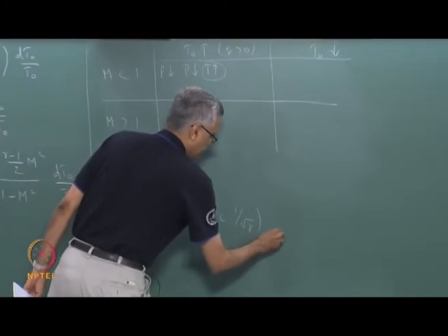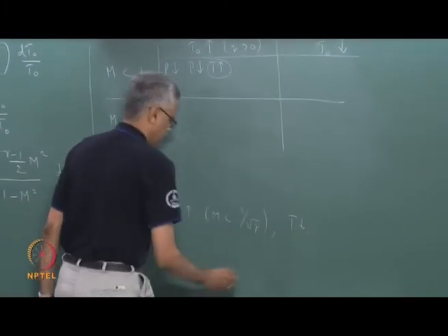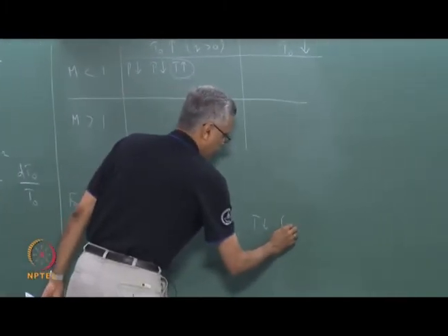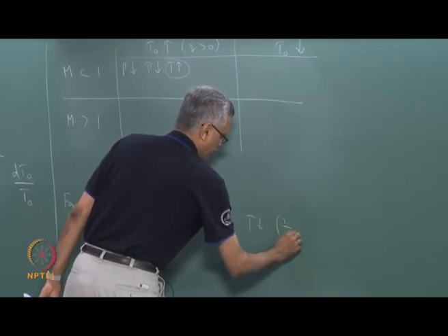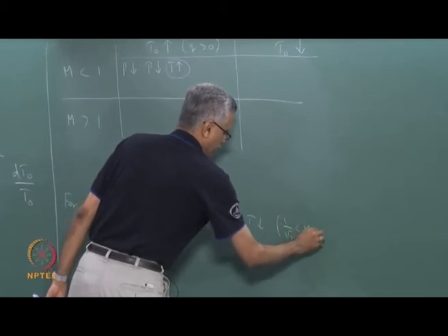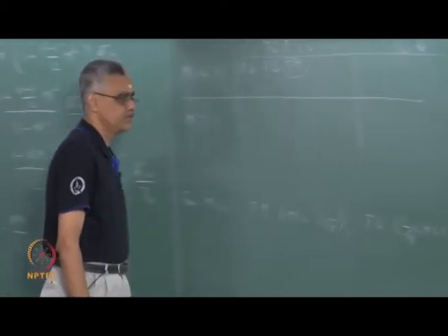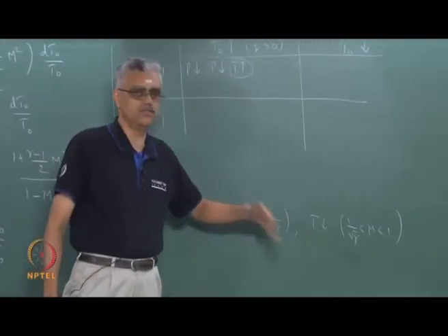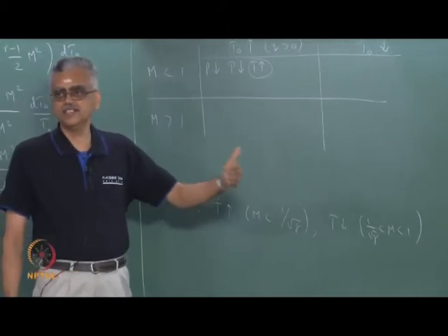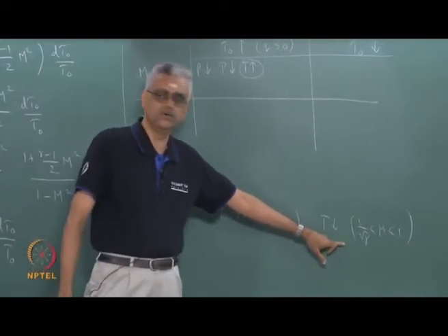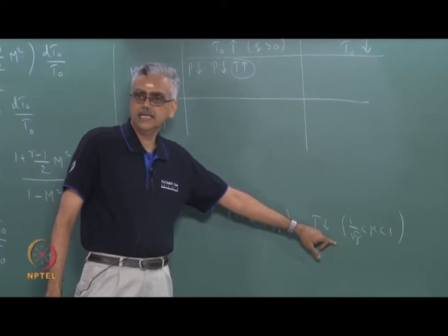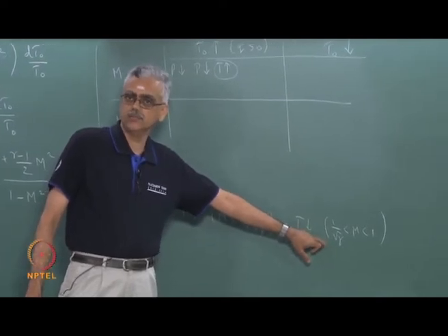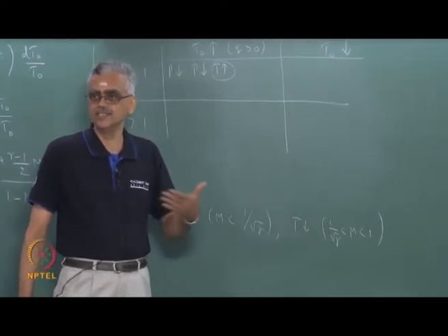And interestingly enough, the static temperature actually decreases when m lies between these values with the addition of heat. So, this is a very peculiar region in the flow field where the flow velocity and conditions are such that when I add heat to a subsonic flow at this Mach number, the static temperature actually decreases.